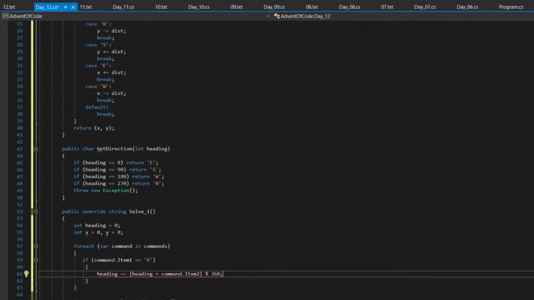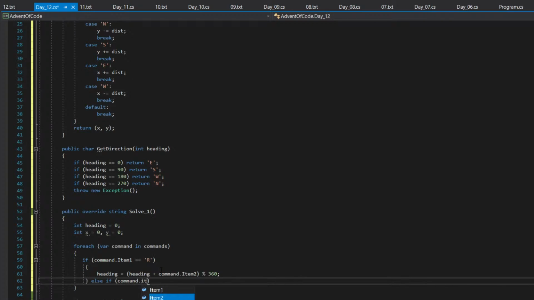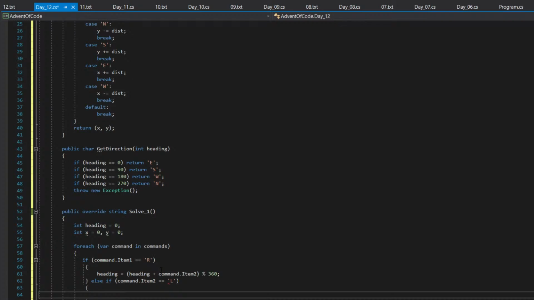So if we get to 360, it should be a 0. If we get past it, it should be 90, 270, whatever. If the command item 1 equals left, we're going to do the same thing, except it's going to be a minus.